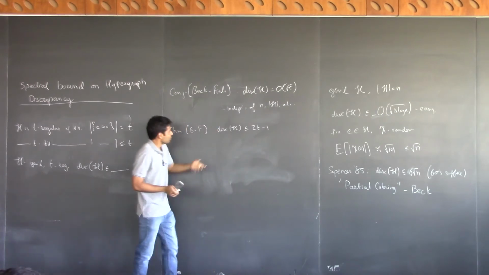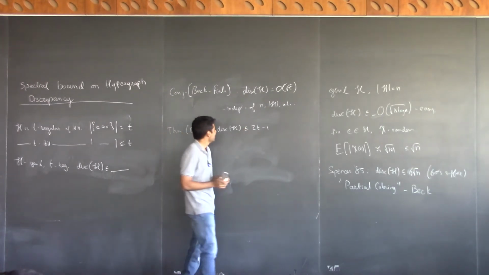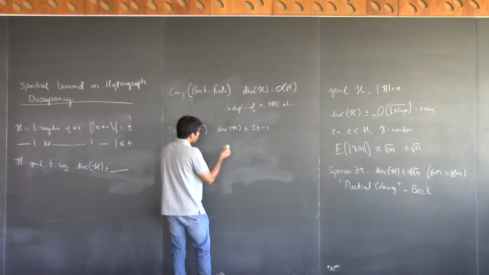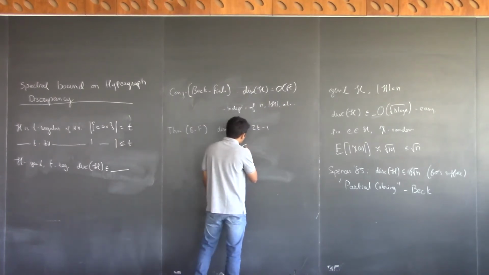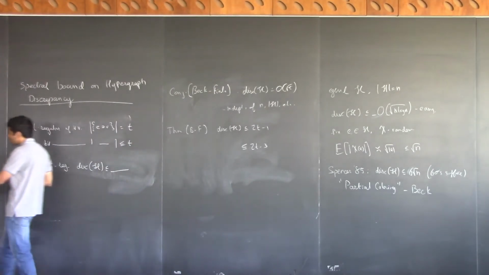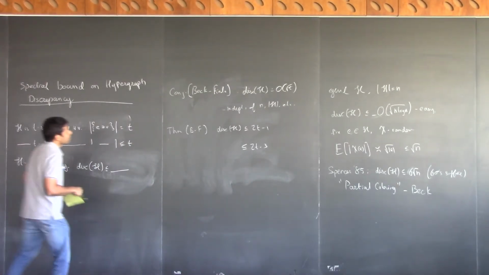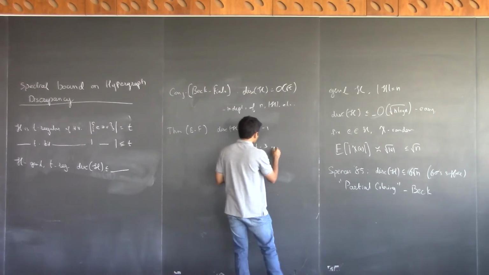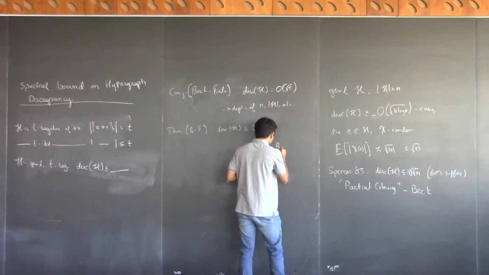So the point is, you want to improve this bound. It's not hard to actually show 2t minus 3. There's more than one way to show 2t minus 3, and this also appeared in a note.